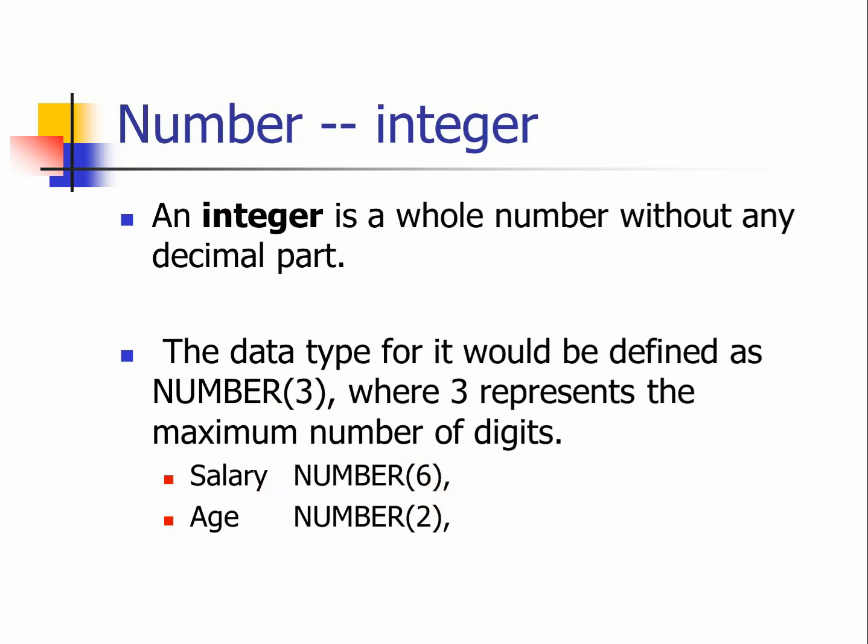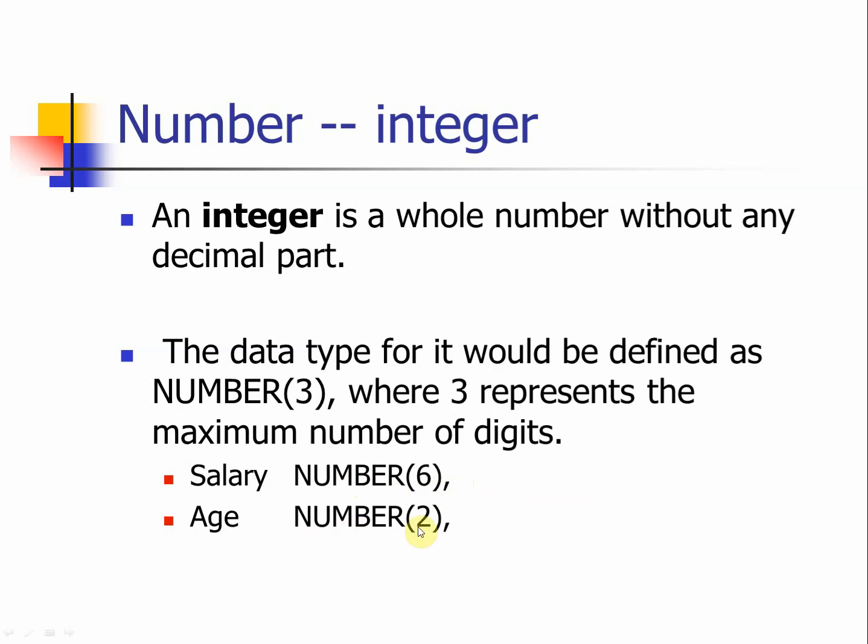So what if someone is making 7 digits? If you define 6 digits, then it cannot hold 7 digits because the domain of this attribute is going to be up to 999999, and someone making 7 digits is outside of the domain, so obviously the database will reject it if you input someone's salary that's outside of the domain. So you can either go back here and change this value, or you cannot include that person in the database.